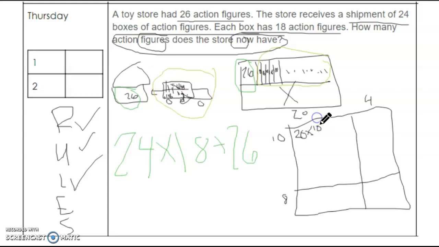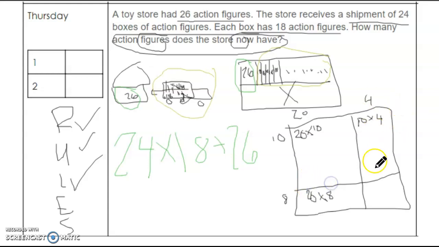Remember, this is an area model, right? 24 times 18. It's just an area model, but I'm just making it into smaller boxes that are easier to multiply. So I'm just taking my big box and I'm cutting it into 4 smaller boxes. This one's going to be 4 times 10. So remember, this helps you with area too. And then down here I have 20 times 8.